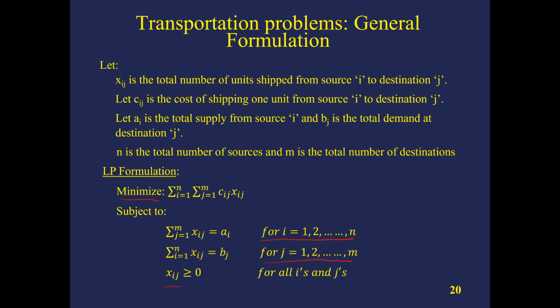And Xij is greater or equal to 0 for all i's and j's. Please note one thing: the number of sources and number of destinations may be different. This was not the case with the earlier assignment problem where the number of people and number of jobs were equal. Here, the number of sources and number of destinations may vary.